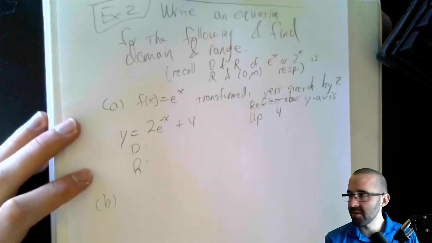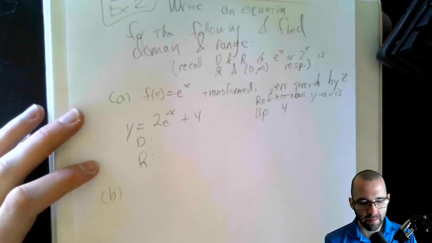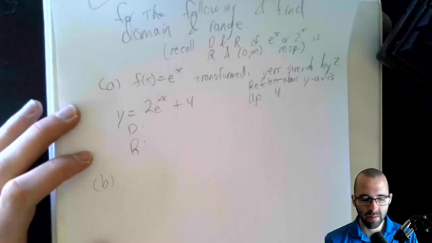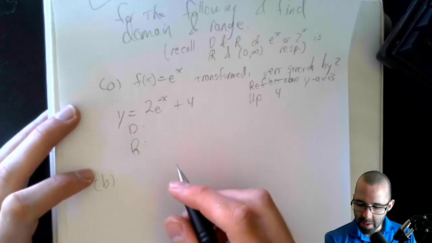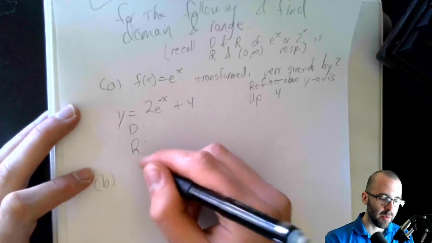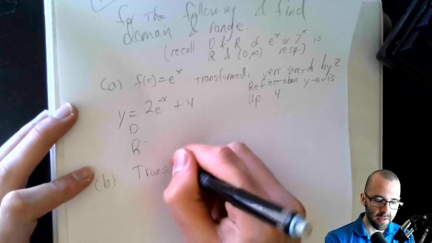And then we'll move on to part B after that. Part B is going to be a transformation of 2 to the x.